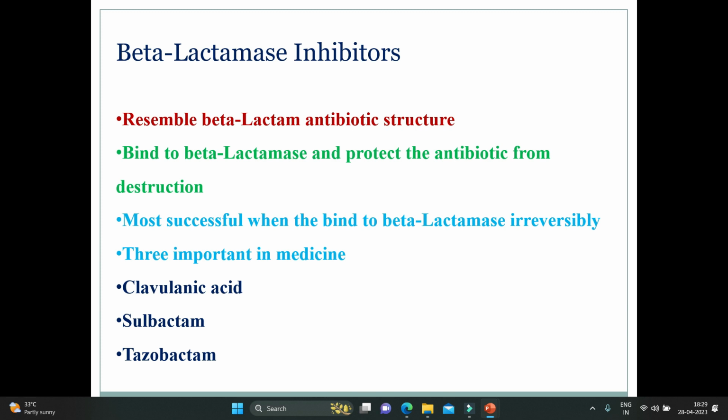How do these beta-lactamase inhibitors work? Basically they bind to the beta-lactamase and protect the antibiotic from the breakdown which happens because of the ESBL microorganism. So it will protect the ring from breakdown, especially when it binds to the beta-lactamase irreversibly. The three most important medicines are clavulanic acid, sulbactam, and tazobactam.